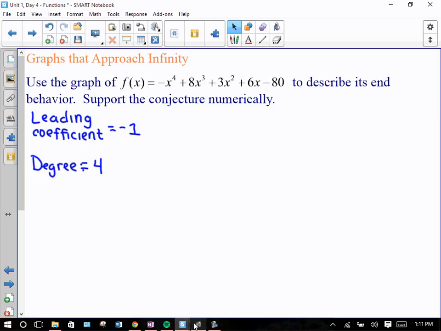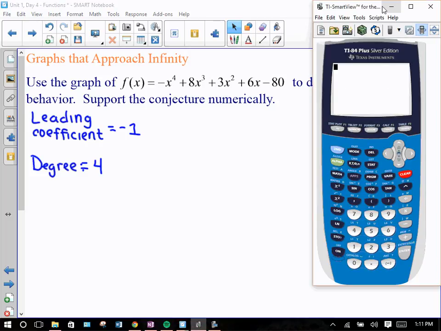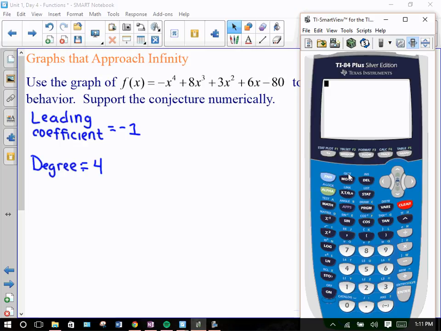Okay? So if I pull up a graphing calculator, we have y is equal to negative x to the fourth power plus 8x cubed plus 3x squared plus 6x minus 80.